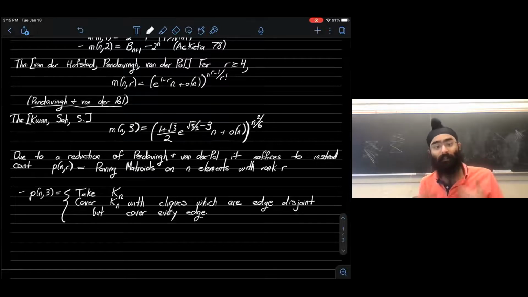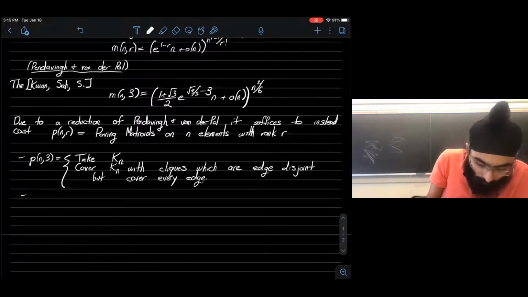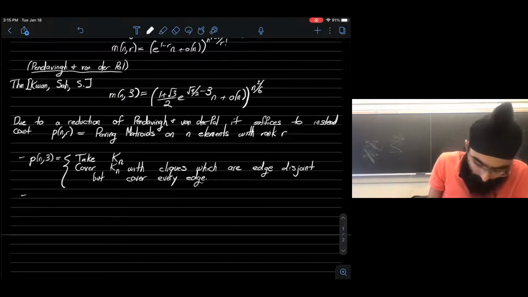The reason you might suspect this looks like a design problem is that suppose instead of cliques, you just said cover with edge disjoint triangles. That's enumerating the number of Steiner triple systems.